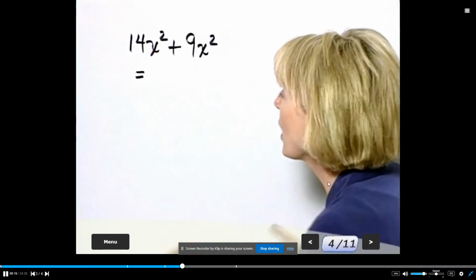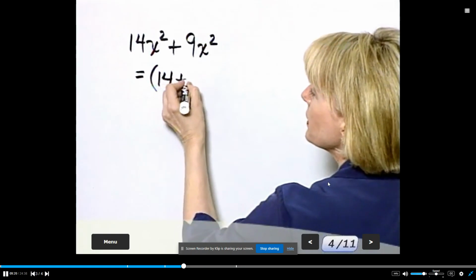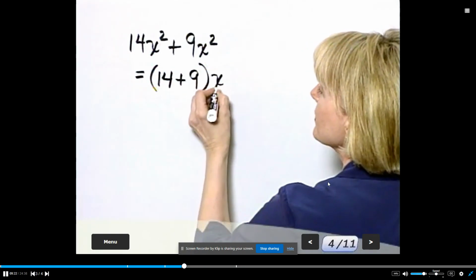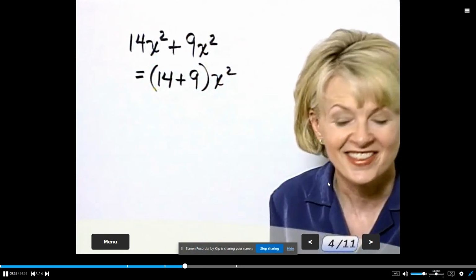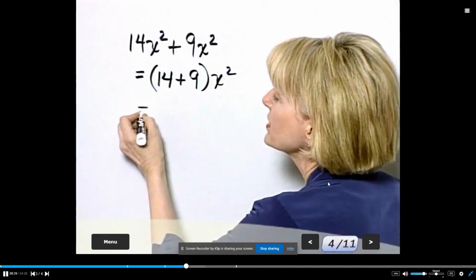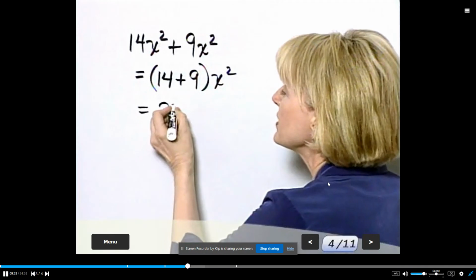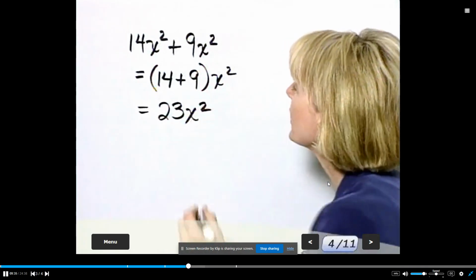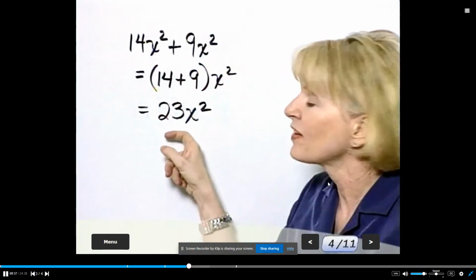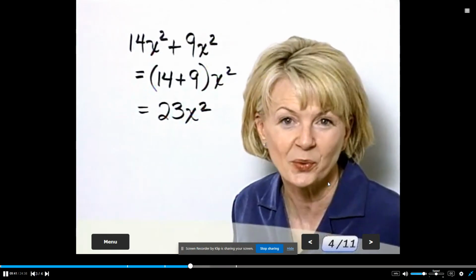By the distributive property, this is actually equal to 14 plus 9 in parentheses, and then x squared. And what is 14 plus 9? 14 plus 9 is 23, so this is 23x squared. We have simplified this polynomial, and the result is 23x squared.